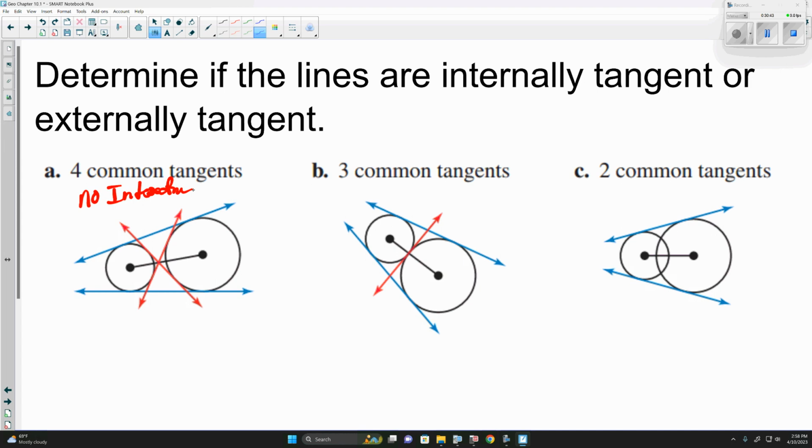So internal is in the middle between them. External is outside. Because internal intersects the line that connects the 2 centers, or goes between the circles. If it doesn't go between the circles, it's not internal, it is external.